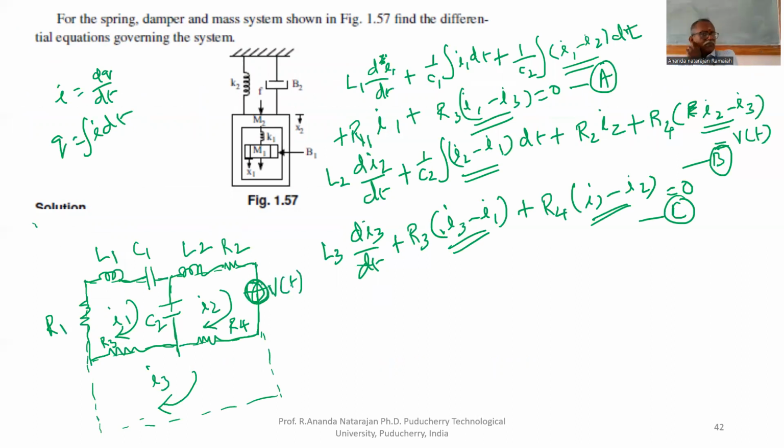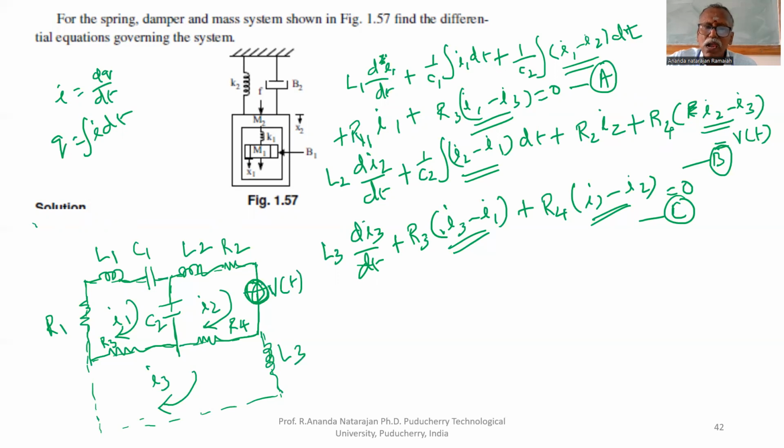Be careful, I have to remove this line from the capacitor. This is the capacitor, remarked. L3 is in the third loop only, so we can draw L3 here.